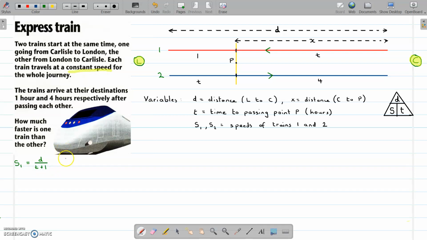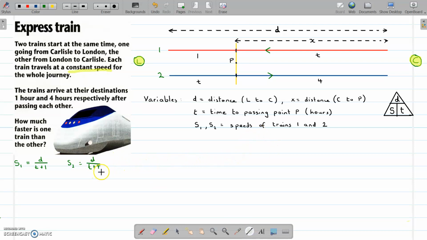And for the speed of train 2, I can say that that covered the same distance and the total time it took was t plus 4 hours. So that's the equation for the speed of train 2.